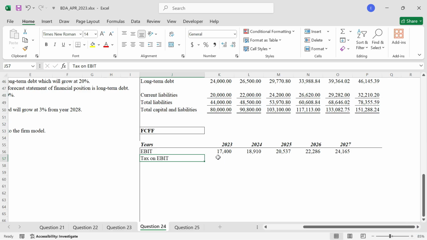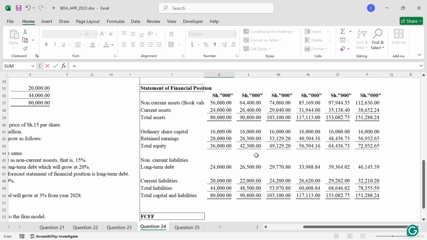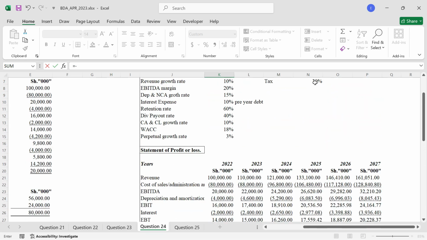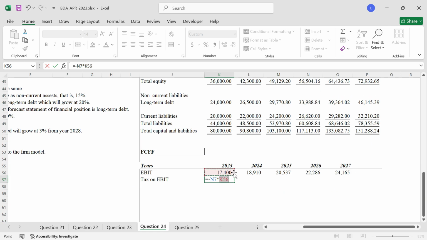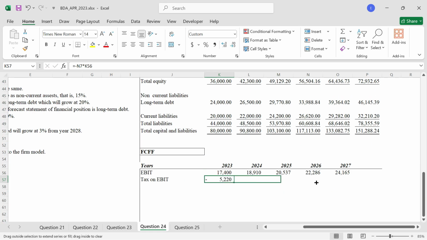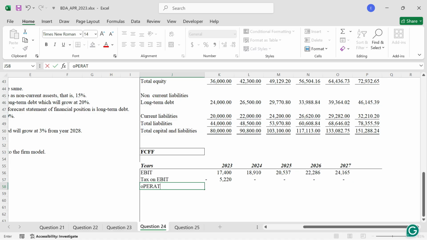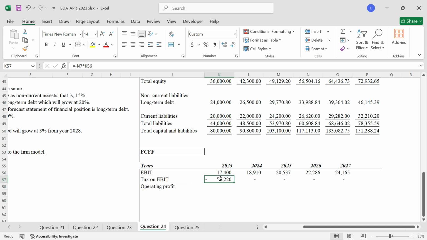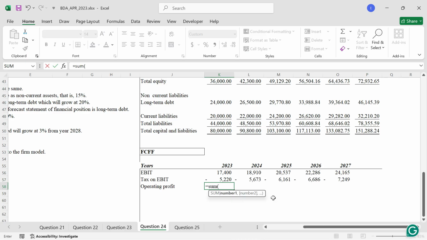Tax goes at a rate of 30%, so equals minus 30% of my EBIT, which gives me an operating profit. I should have locked my tax rate so that I can copy this across. My operating profit will be the sum of these two.